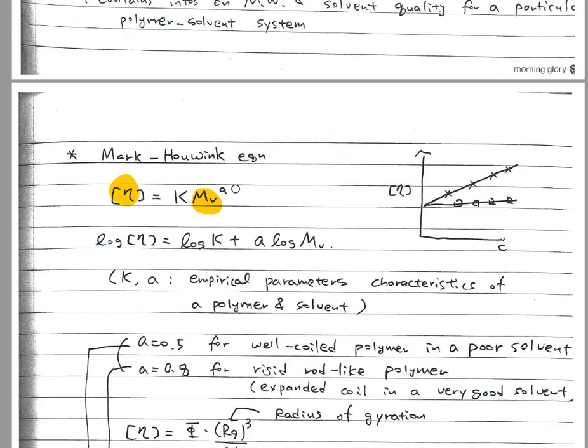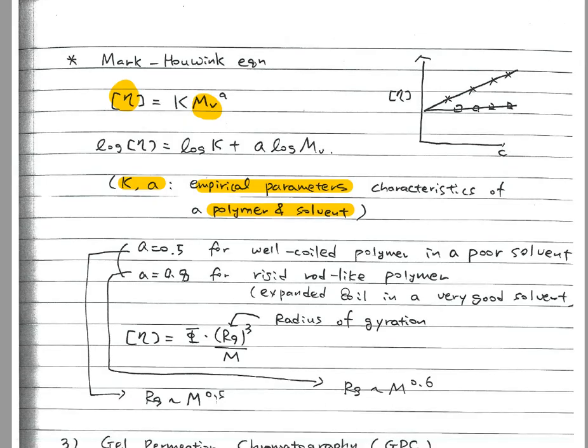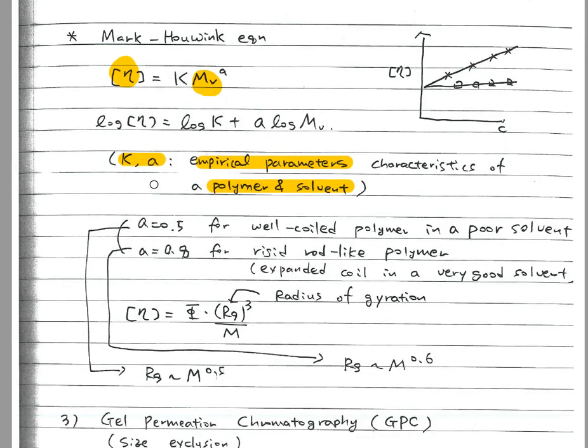Okay, and this k and a are constants, which can be obtained by doing this kind of viscometry measurement. Here k and a are empirical parameters, characteristic of the polymer and specific solvent. So these values basically depend on the polymer environment, what kind of polymer you are measuring and what kind of solvent it is in.